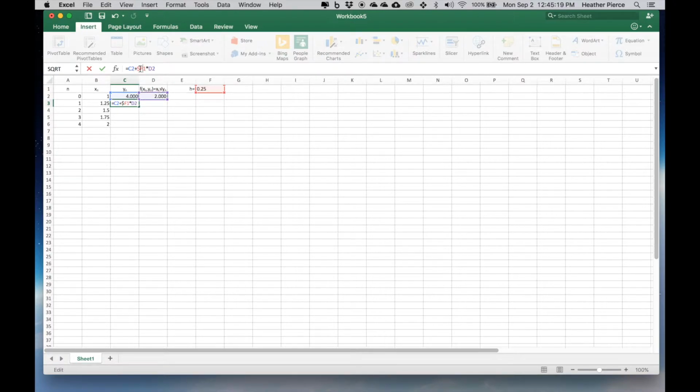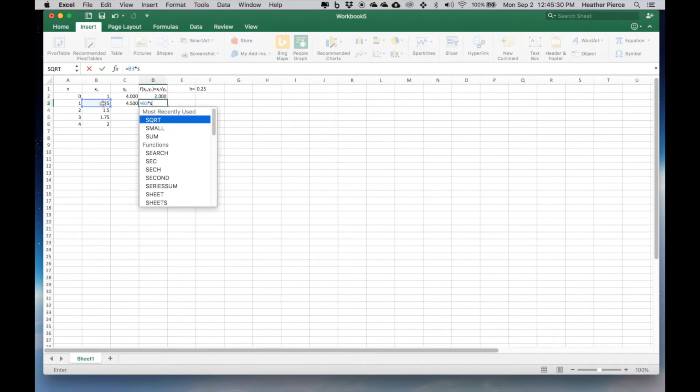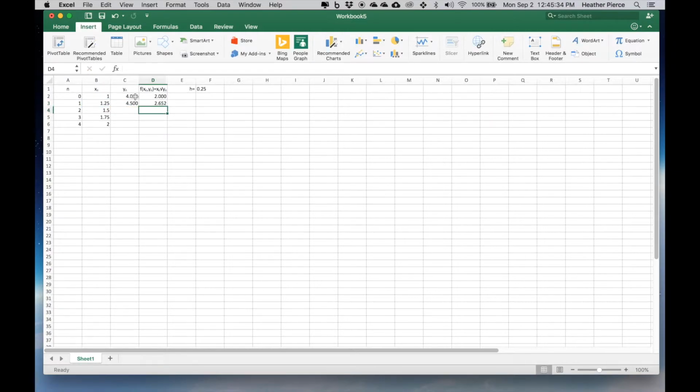And once again, we're going to cell lock the h value. This one then comes from, once again, x1 times the square root of y1. And from here, I can just copy these formulas down. And when I do, I get my approximation of 7.088, just like I had before.